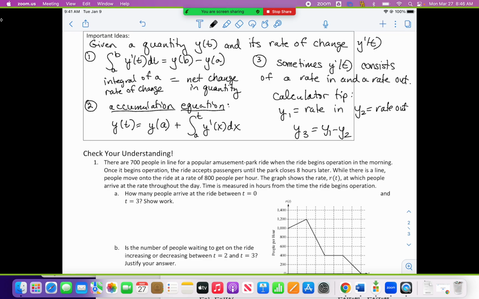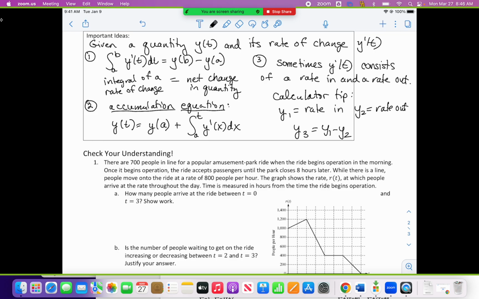So the first one we looked at, we had an equation. Now we have a graph. So make connections and see how you figure out how many people arrive at the ride between t equals 0 and t equals 3. This is not asking me how many people are there at hour 3. This is the rate of change, so that is not the number of people in line.